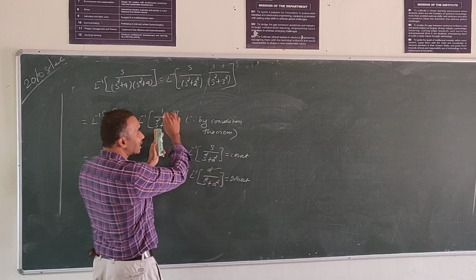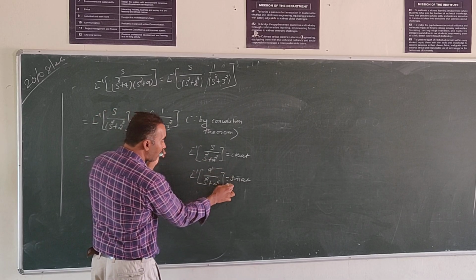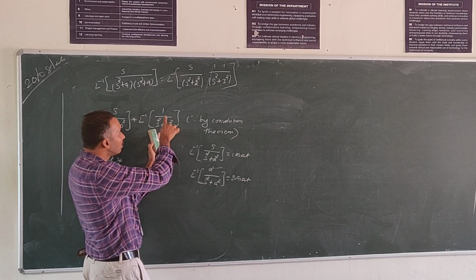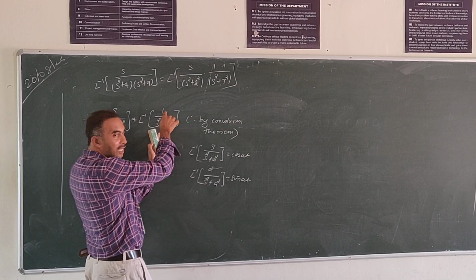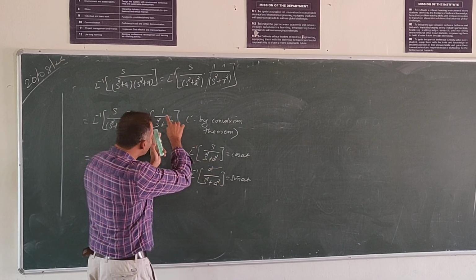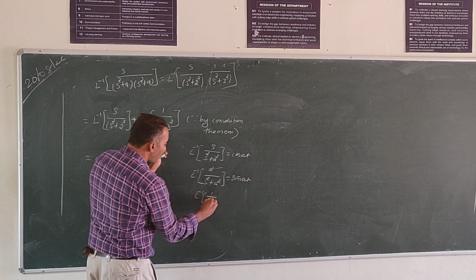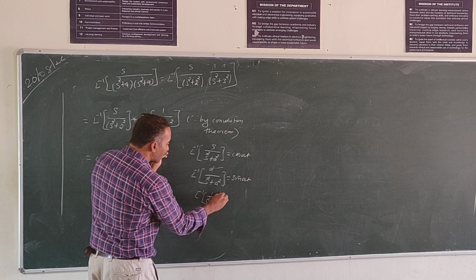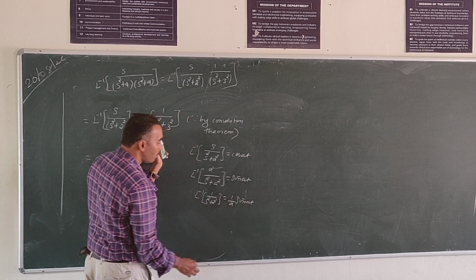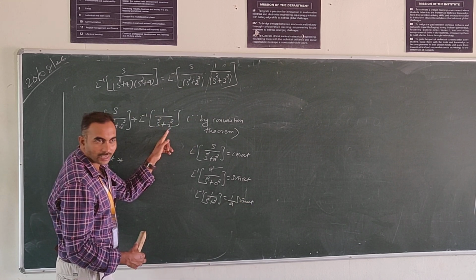But this A is missing here, so bring this A into the denominator. So L inverse of 1 by S square plus A square can be written as 1 by A sin AT. Here A is 3.